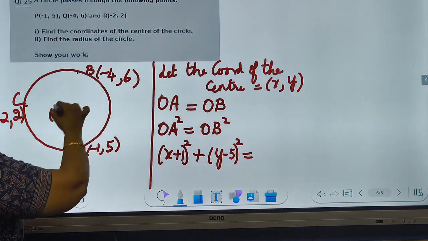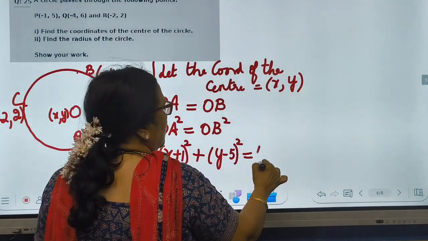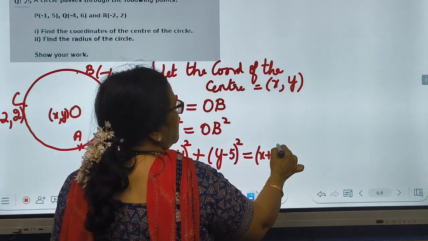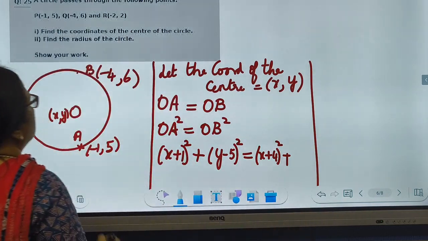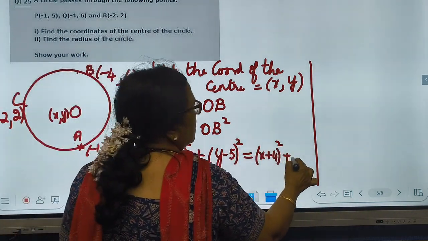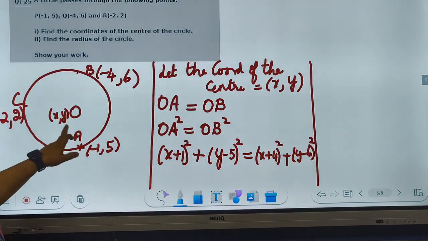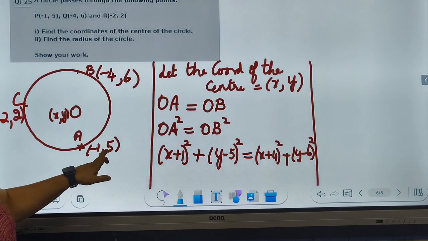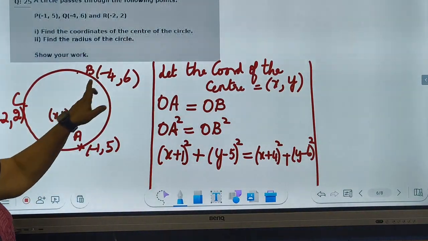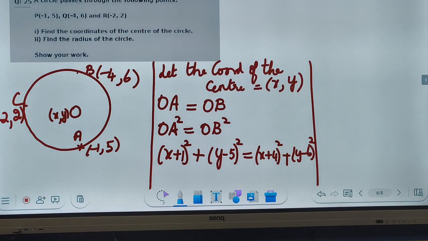The distance between this and this is (x plus 4) the whole square plus (y minus 6) the whole square. So (x plus 1) square plus (y minus 5) square is equal to (x plus 4) square plus (y minus 6) square.